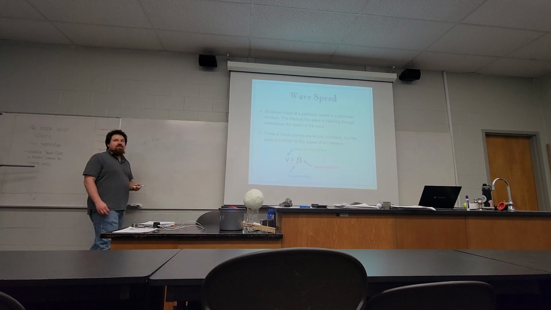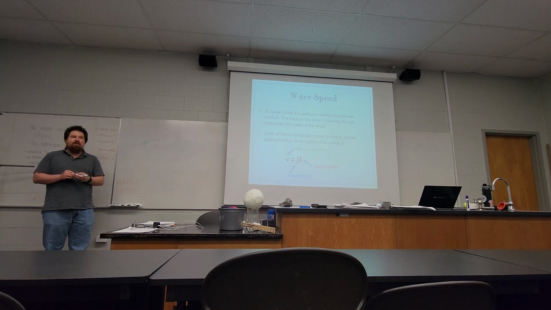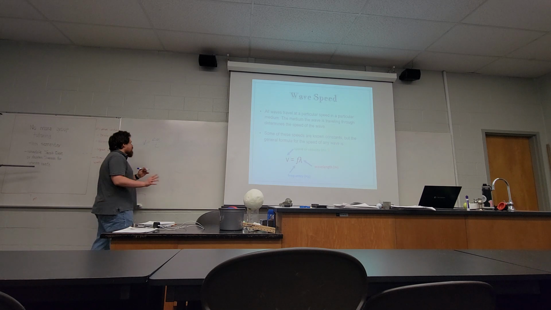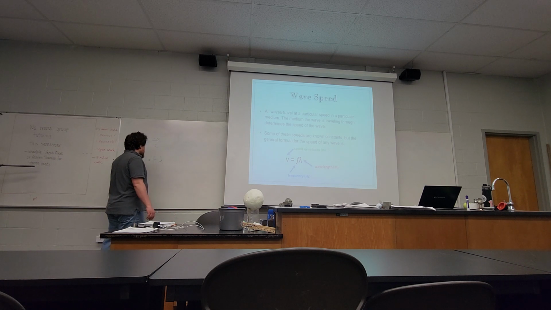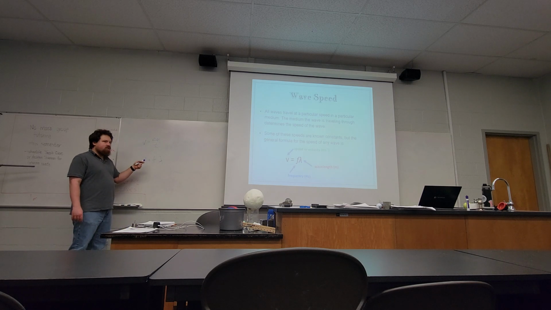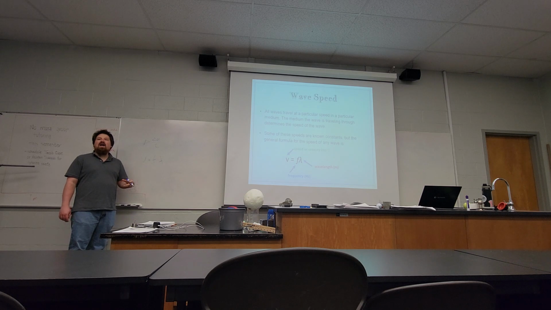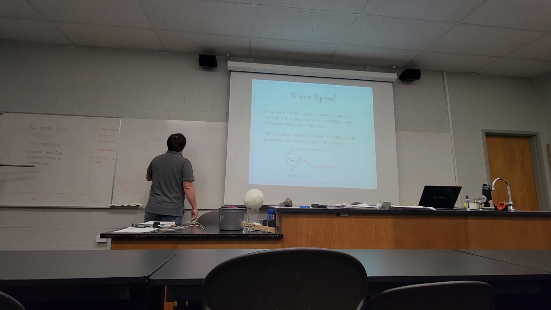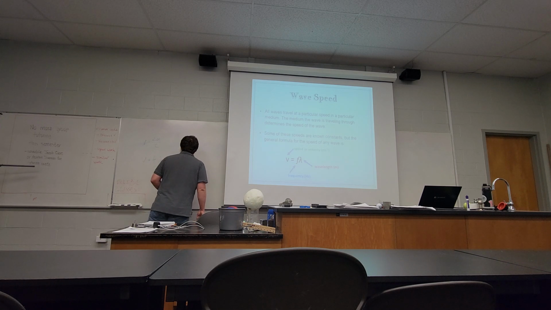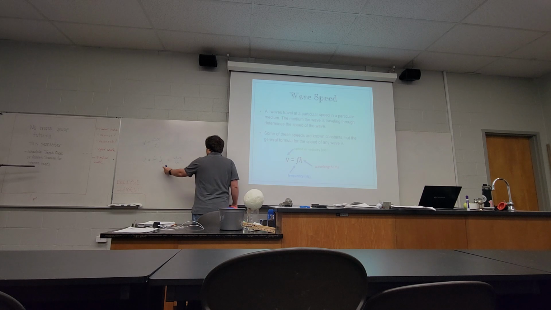This formula secretly uses the same information, because frequency is measured in hertz, and hertz are 1 over seconds. It tells you how many waves pass in a single second. So instead of frequency, I'm going to write in waves over seconds. And then wavelength, lambda, that is the length of one wave.